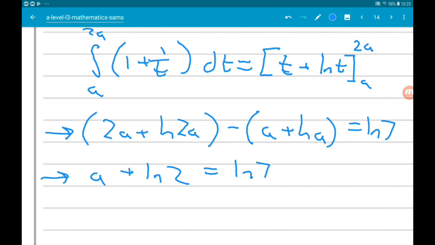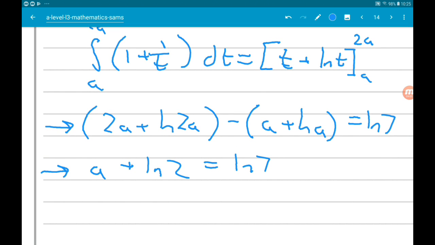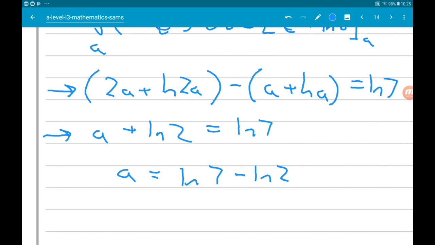Now if we subtract log 2, we get a is a log 7 minus a log 2. Now that is a log of 7 halves.